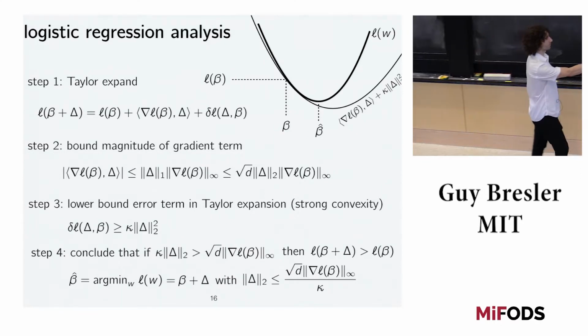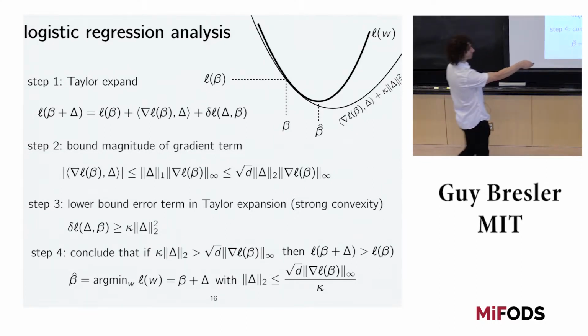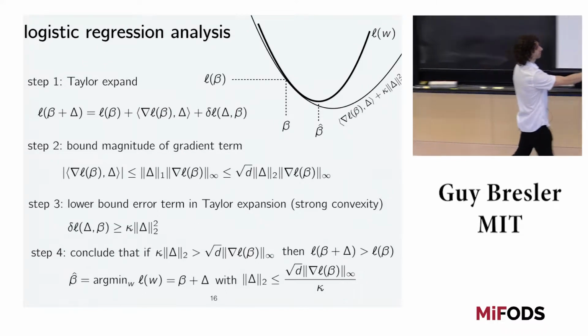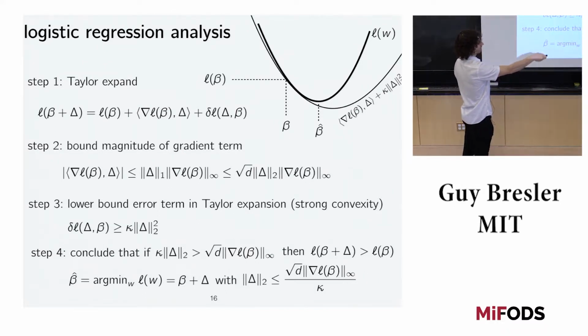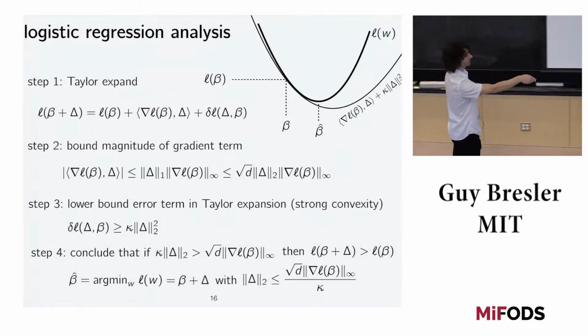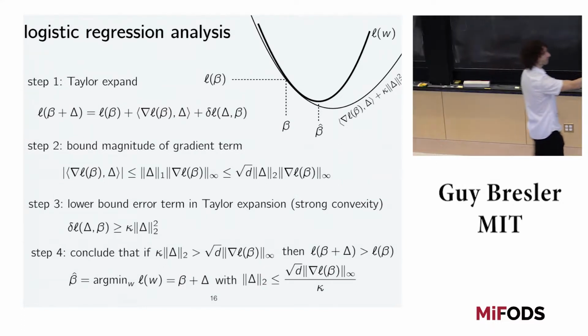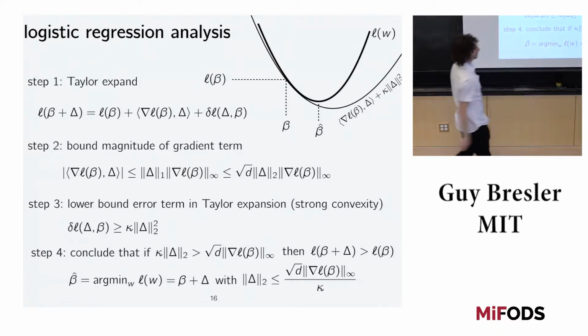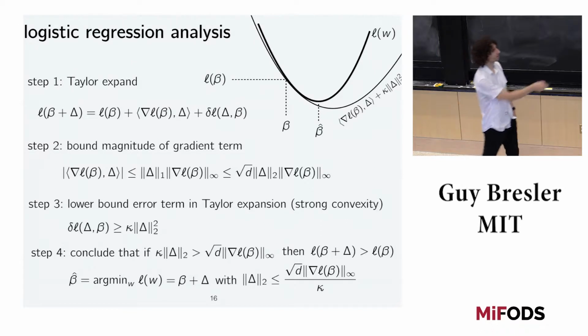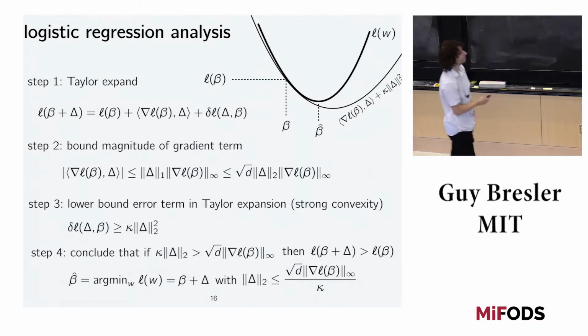And beta hat being the minimum, if we write it as beta plus delta, where delta is now the error relative to beta, then we immediately conclude, just from rearranging this inequality, that the error is bounded like so: root d, infinity norm of the gradient, divided by kappa, which is the strong convexity parameter.